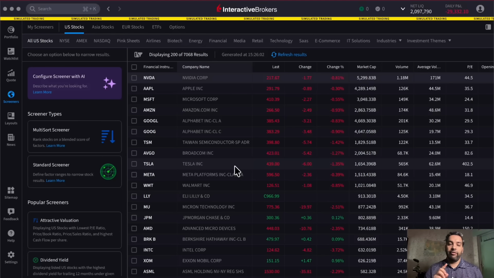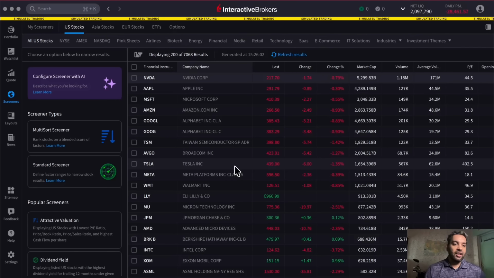A single place where you can filter stocks based on specific criteria, sectors, volume, you name it, and you can definitely find a section over here. Instead of doing that manually, you can come to this section, which is readily available for you in your Interactive Brokers. It's just simply amazing.